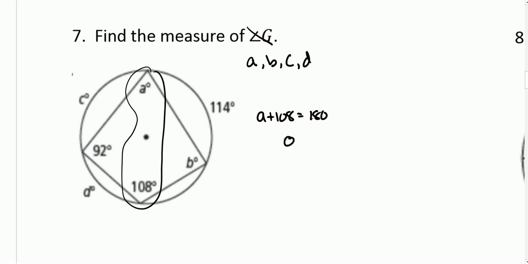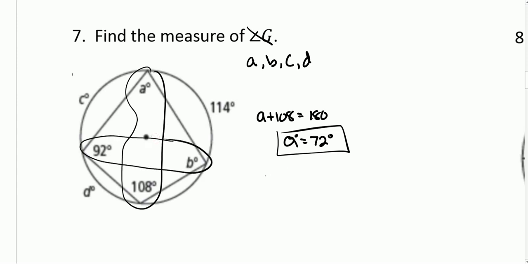Subtract 108 and you get A is 72 degrees. Same idea for B. B plus 92 is 180 degrees. Subtract 92, we get 88.